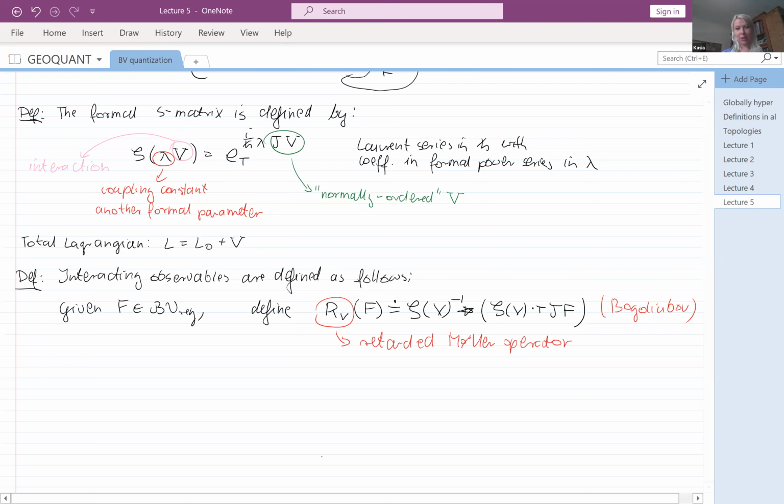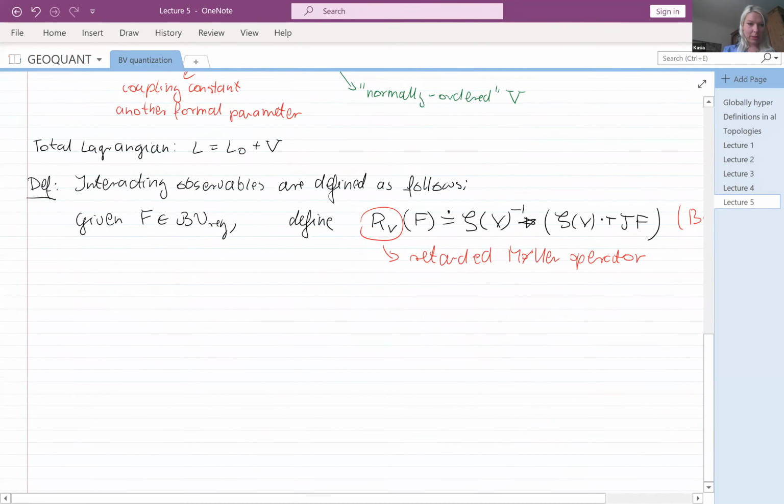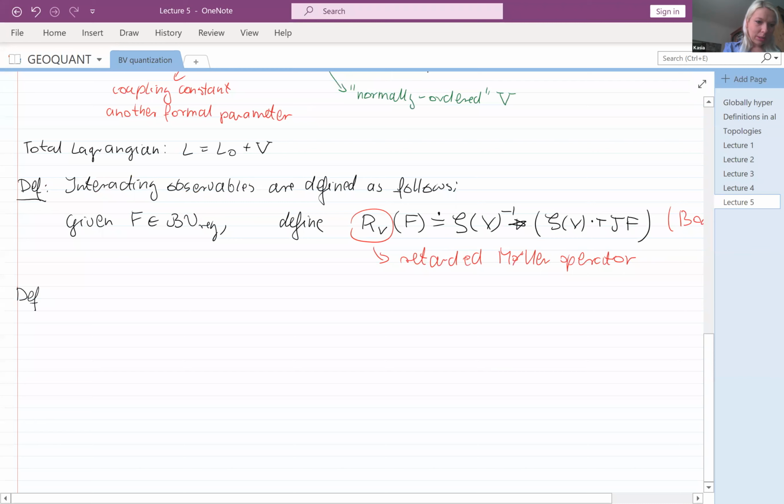You can use this map to further deform the free star product to get the interacting star product. So, we're in the business of deformation quantization. So in the end, we want the deformation of the interacting Poisson algebra, interacting Poisson structure. So now the prescription to do it is to go more indirectly. So construct the free theory first and then deform it using those maps R_V.